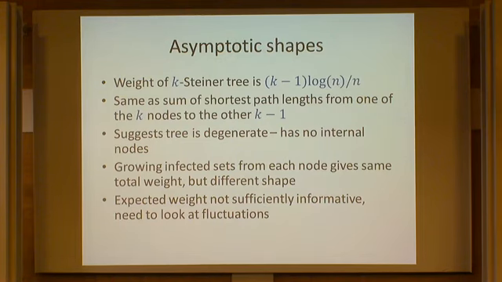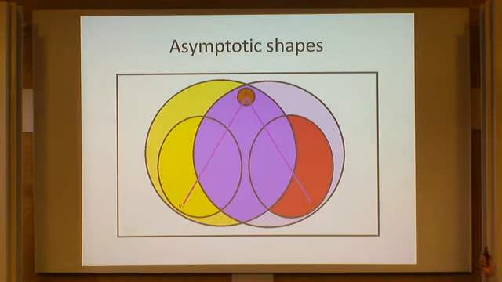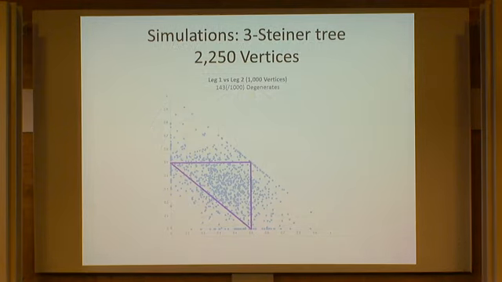So there are different ways of reasoning that can give you different shapes for the limiting tree, and each of them is the same up to first order. So let's look at fluctuations.